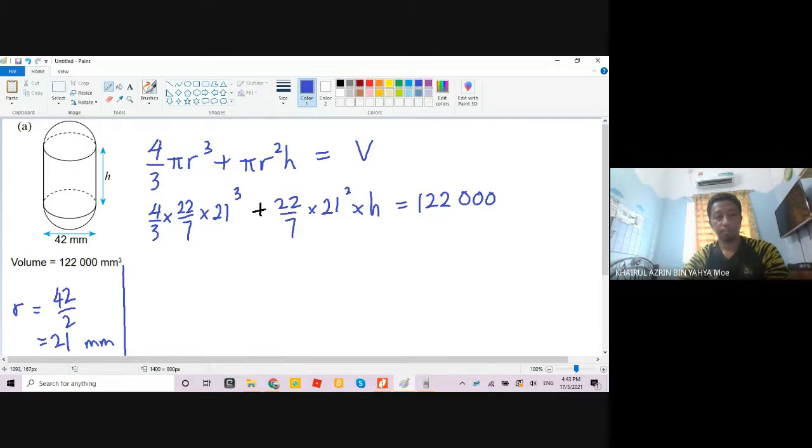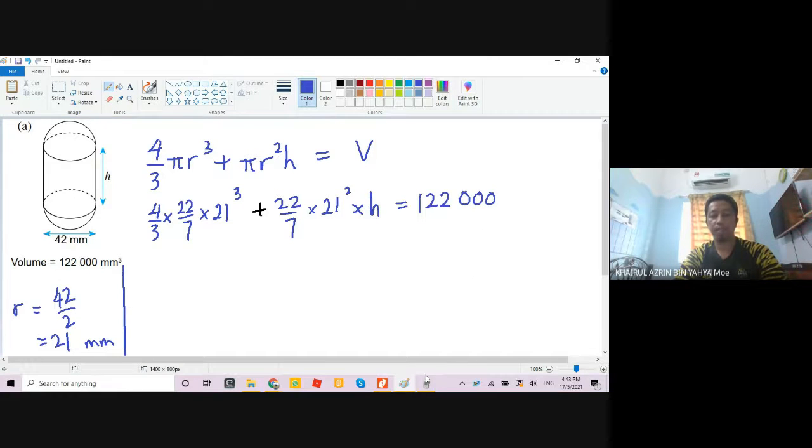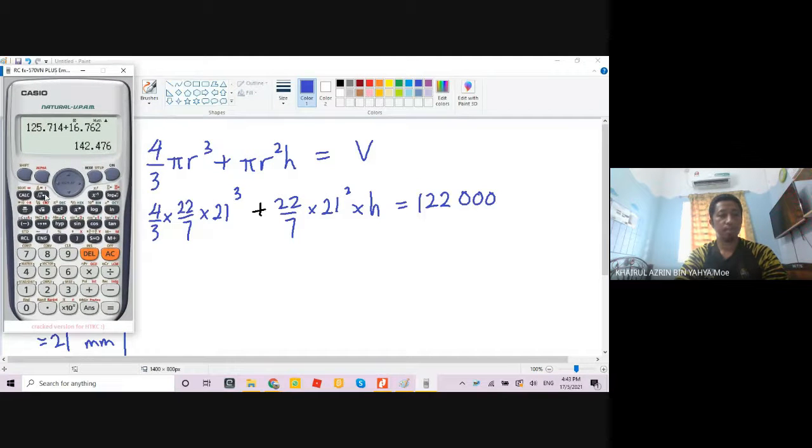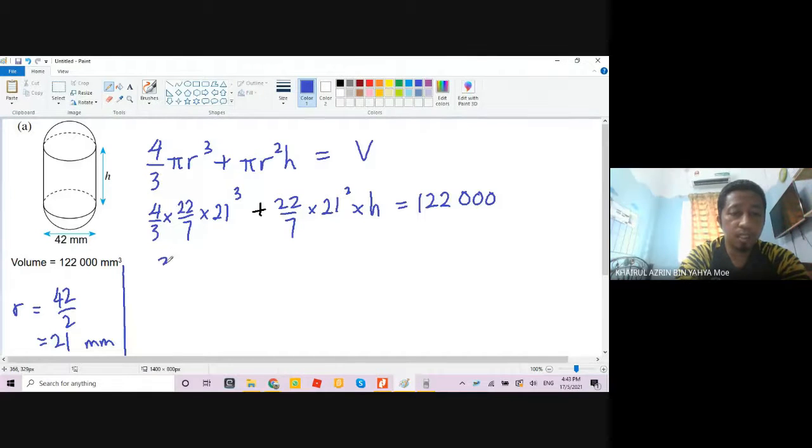Okay, so now we solve this one by one. 4 over 3 fraction, times fraction again, 22 over 7, times 21 cube, shift cube. Okay, so we get 38808.